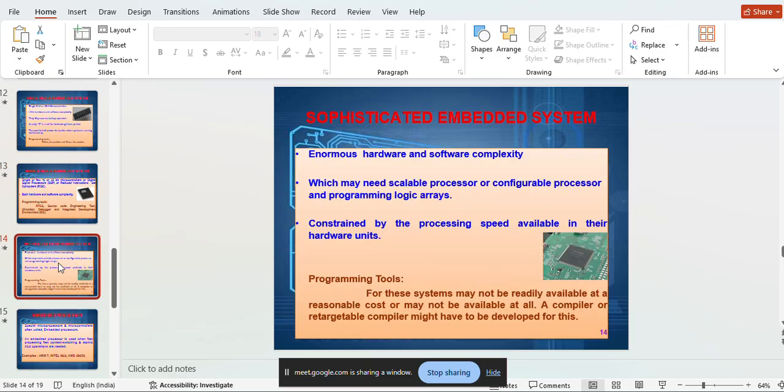Then there are sophisticated embedded systems. Here the hardware and software complexity is enormous, meaning huge software and hardware complexity.